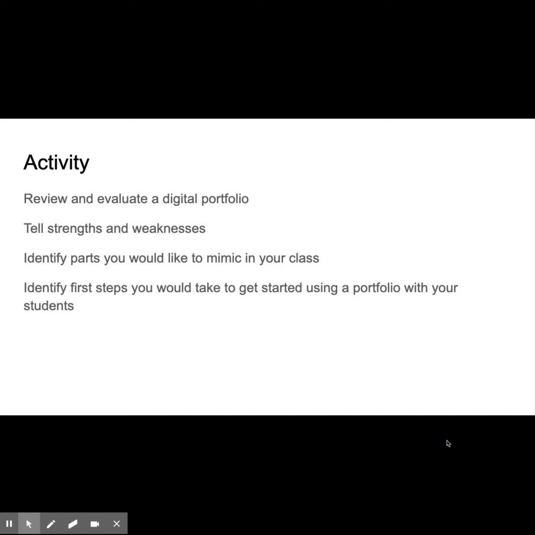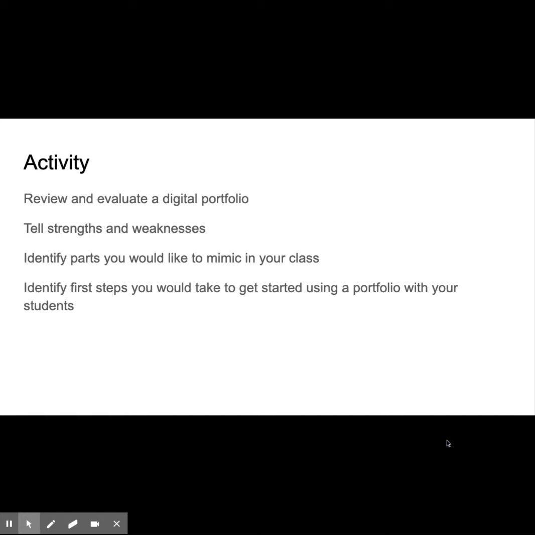Your activity for this section is going to be to review and evaluate a digital portfolio. You're going to be expected to tell the strengths and weaknesses in that portfolio. I'm going to want you to identify parts that you would like to mimic in your class. So, I'd like to use that. That would work for me. I also want you to identify first steps that you would take to get started using a portfolio with your students.